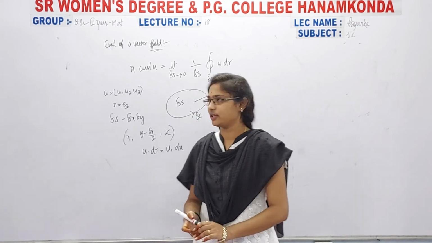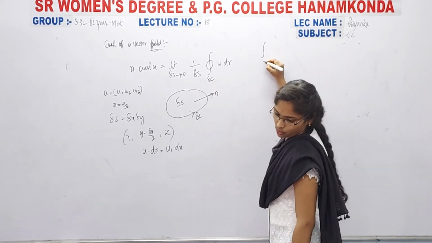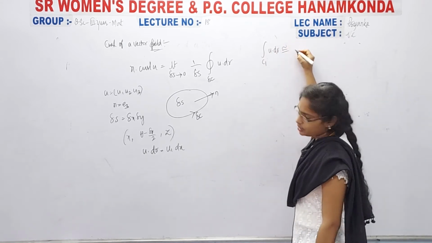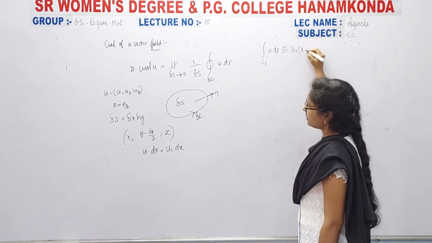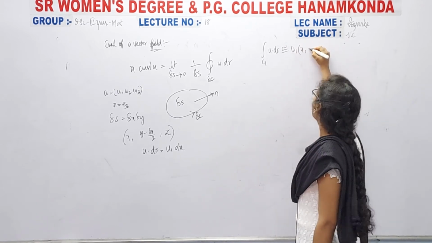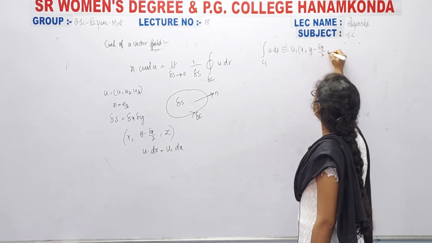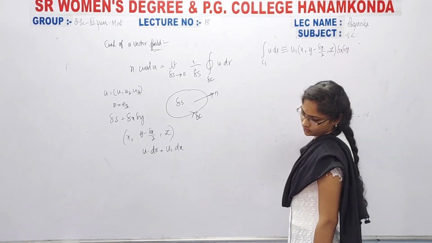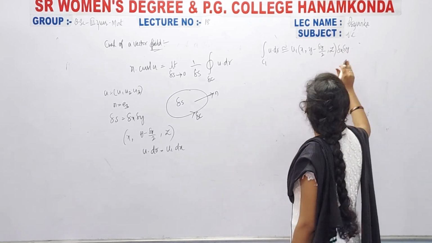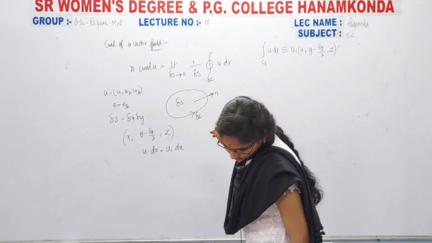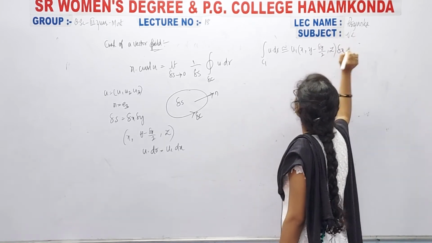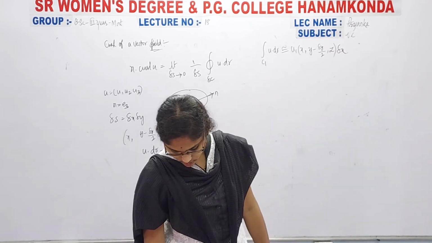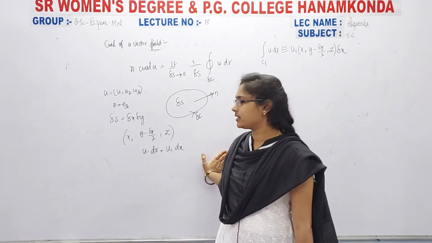Therefore the integral over C1 of u dot dr is approximately equal to u1 of x comma y minus delta y by 2 comma z, times delta x. Here they are taking only delta x, because it is a line integral. If it were a surface integral, we would have to integrate with respect to two variables. When it is a line integral, we take only one.